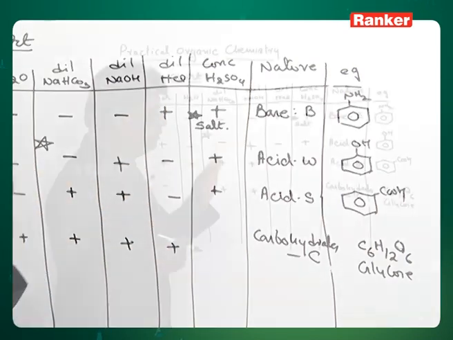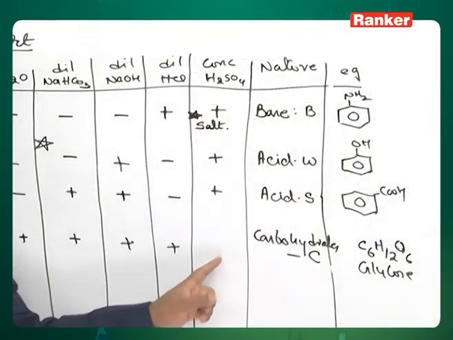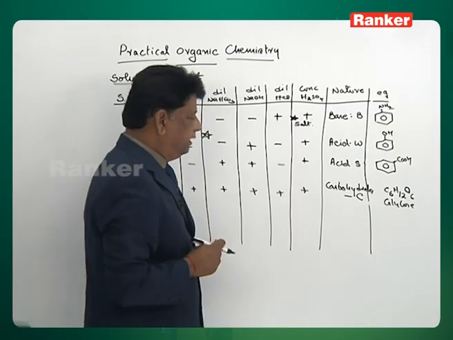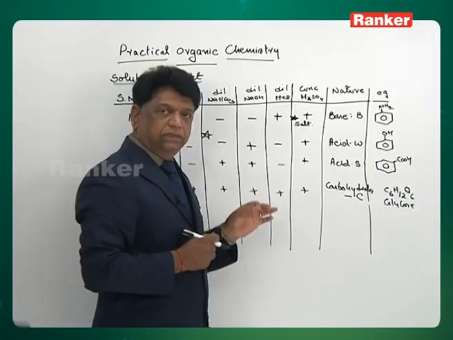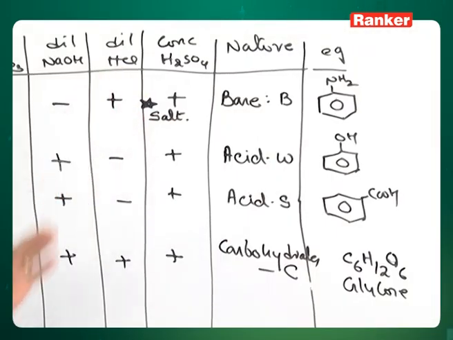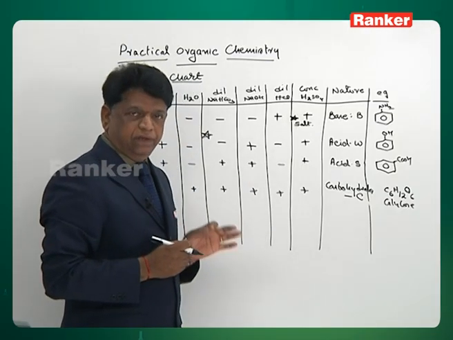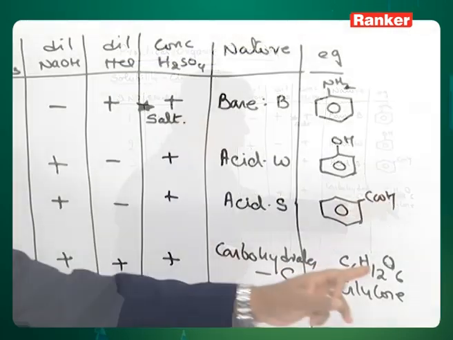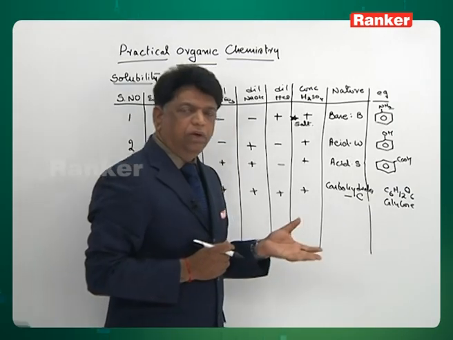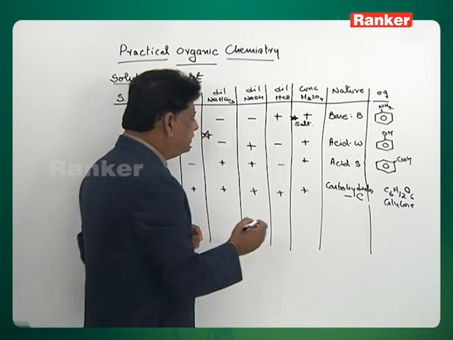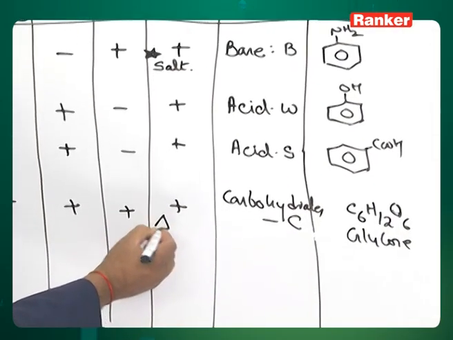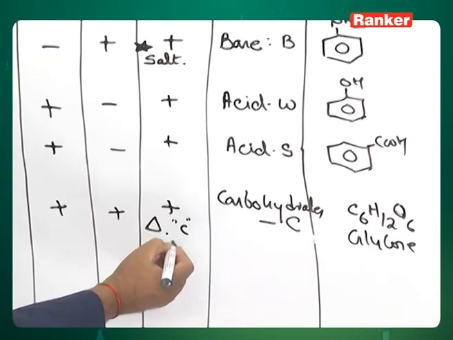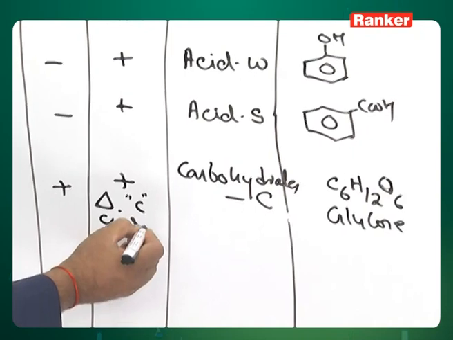However, concentrated sulfuric acid, I said all are soluble, but specifically a carbohydrate like glucose, when you add concentrated sulfuric acid, if the sulfuric acid is perfectly anhydrous, very concentrated, black carbon forms. All H2O will be detached, then what remains is carbon. That is called charring. Specifically, if you heat it, you will get carbon formation. This we call charring.